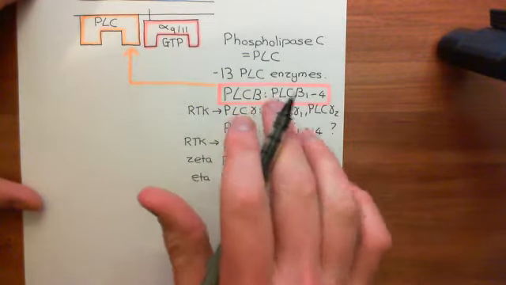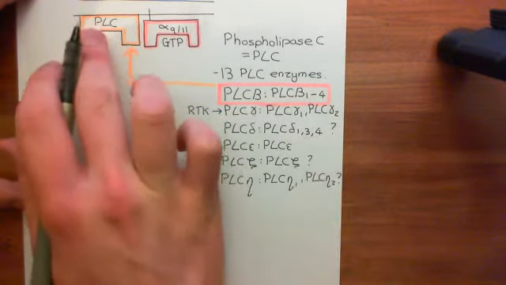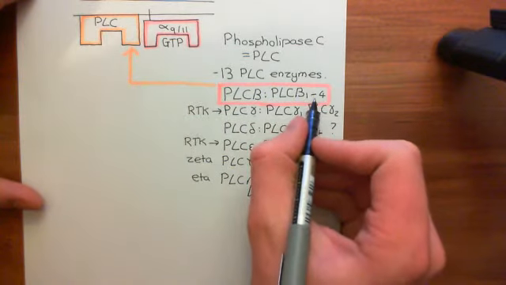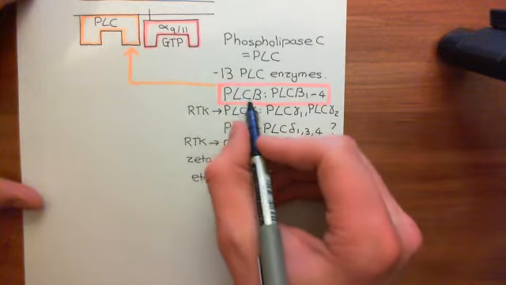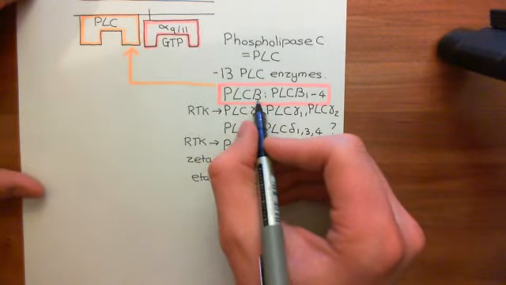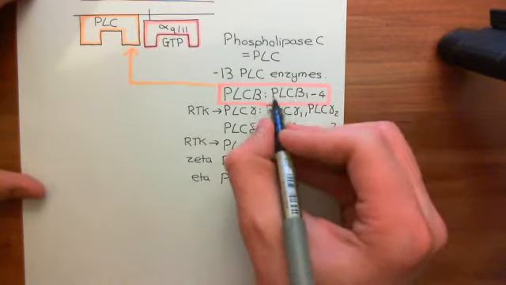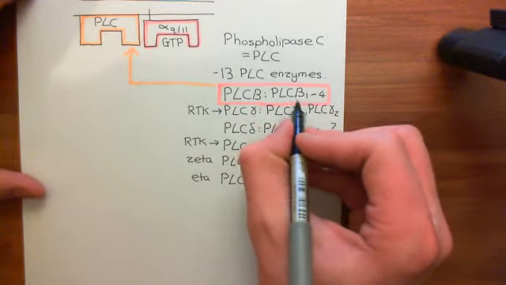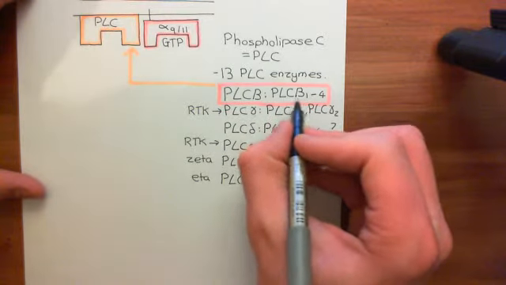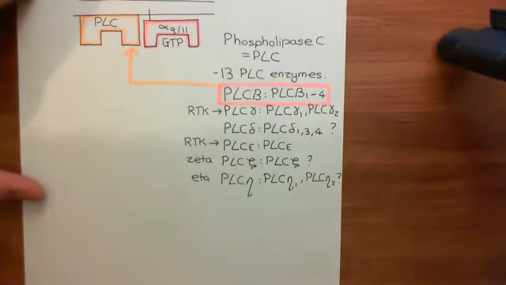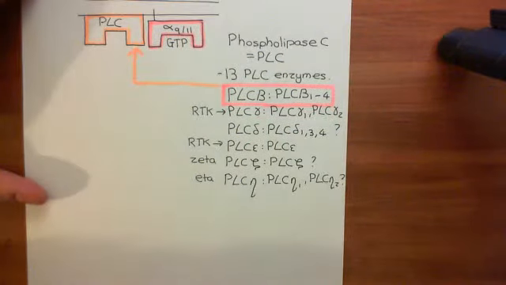So for our purposes, the phospholipase C we're talking about here will be one of the 4 phospholipase C enzymes within this phospholipase C beta family. So it will either be phospholipase C beta 1, beta 2, beta 3, or beta 4.